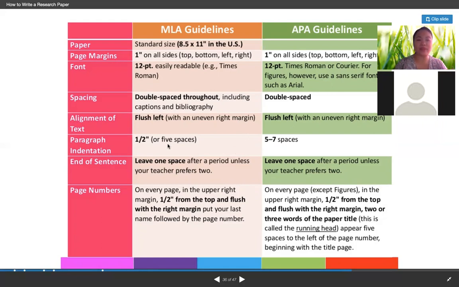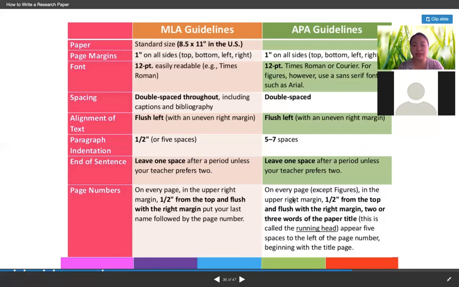The paragraph indent is 1/2 inch or 5 to 7 spaces. And at the end of a sentence, leave one space after a period. Same also with the APA guidelines. And the page number is in the upper right margin, which is 1/2 inch from the top and flush with the right margin.